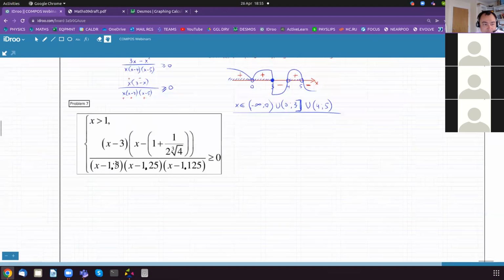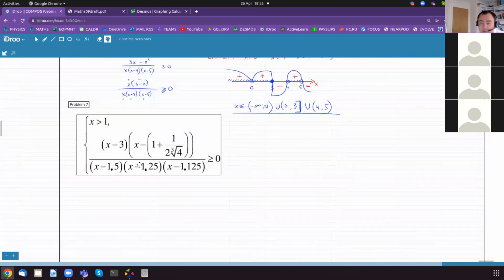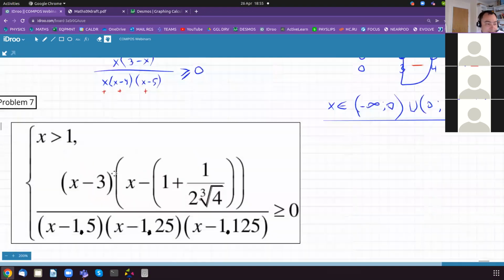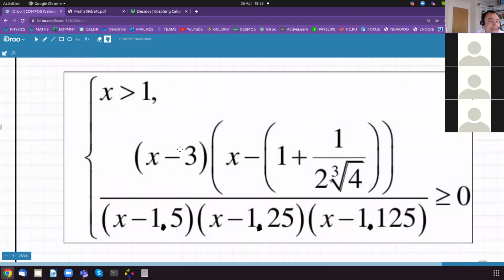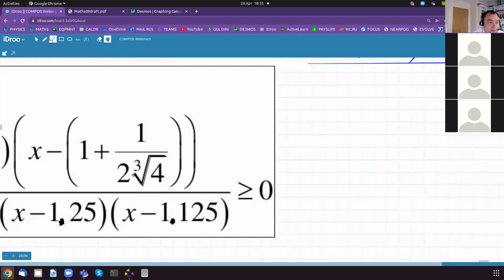Now in maths, this symbol means and. This symbol means and. This symbol means or.